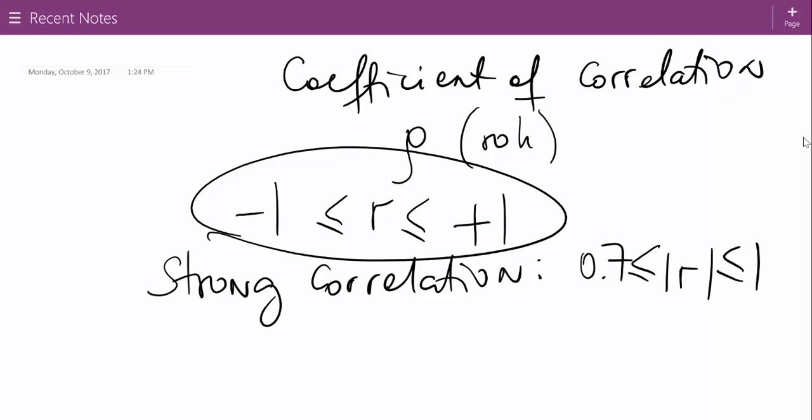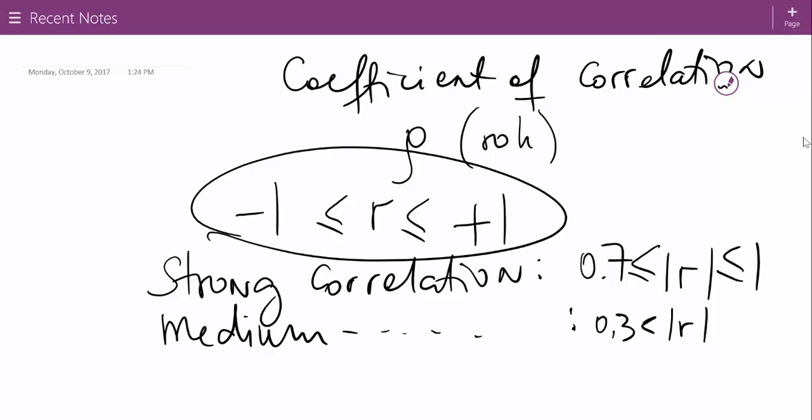Then I'm going to call it medium correlation. Medium correlation. If the absolute value of my coefficient of correlation is between 0.3 and 0.7, okay? So if I'm positively correlated at 0.5, for example, or negative 0.5, that's medium correlation, okay? And can you guess which one comes next? Yep.